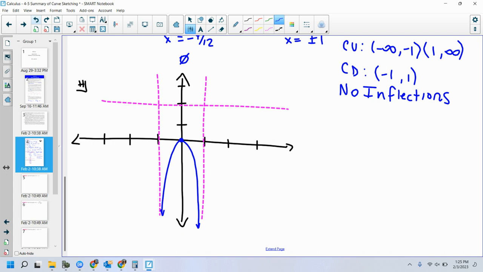If I drew it down here, would that be concave upward? No, that would be concave downward, which means that I should draw it up here. And I don't even need to think about the left side because I know this is even symmetry. Whoa, that was a poor drawing.